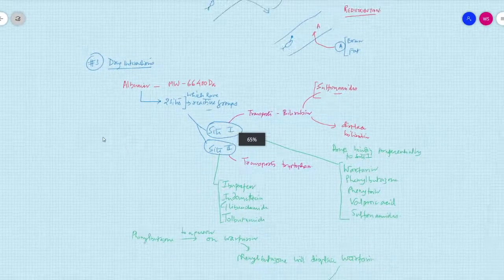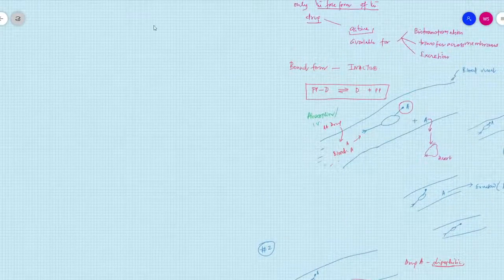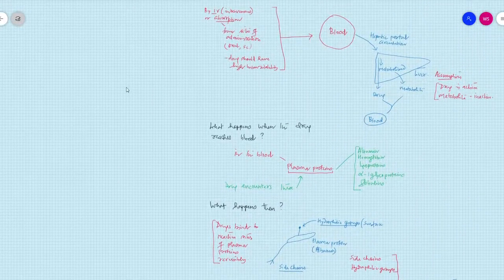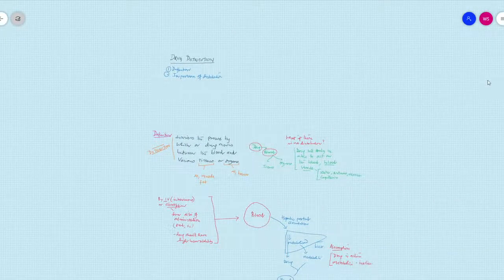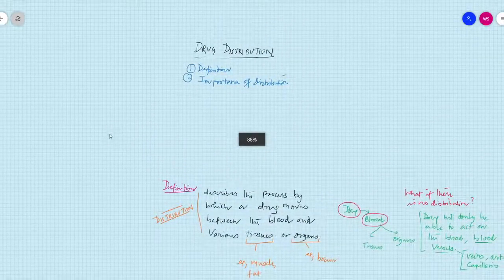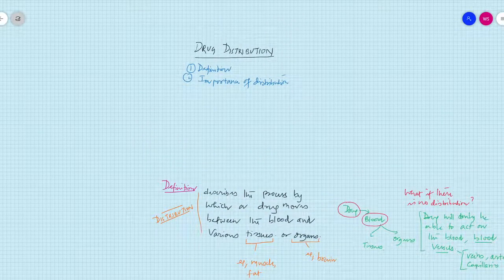Okay. So what have we been talking about up till now? We've been talking about the consequences of drug binding. In distribution, what is important is plasma protein binding, and that plasma protein binding has consequences.